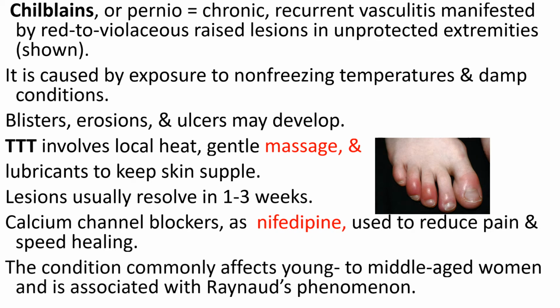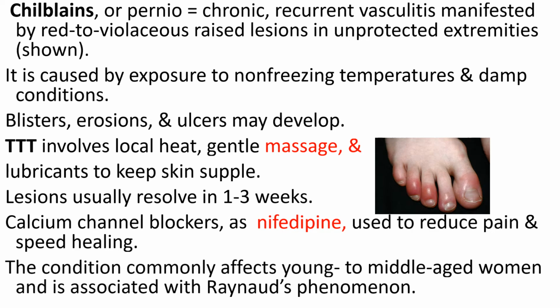Chilblains, or pernio, is chronic recurrent vasculitis manifested by red to violaceous raised lesions in unprotected extremities. This is shown in the photo. It is caused by exposure to non-freezing temperatures and damp conditions. Blisters, erosions, and ulcers may develop.